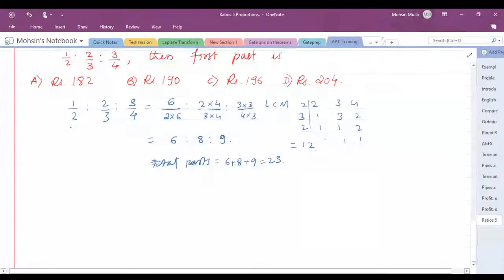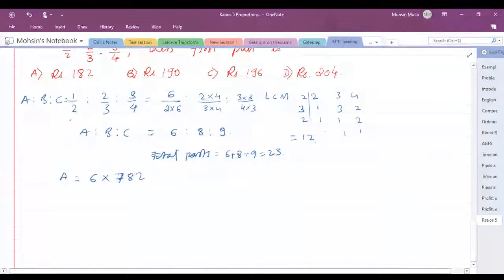Therefore, the share of the first part. In the beginning, if you take A is to B is to C as the three different numbers, what is the share of A here? It is 6 parts, 6 into the total amount, 782, I think, divided by the total parts.